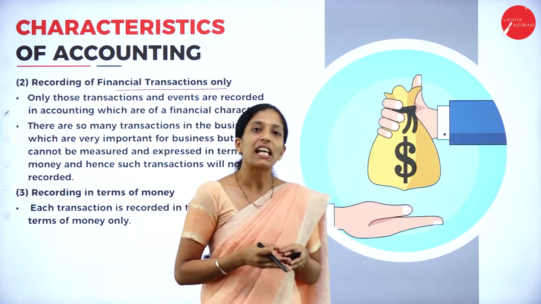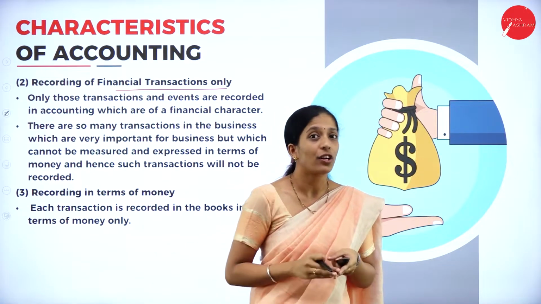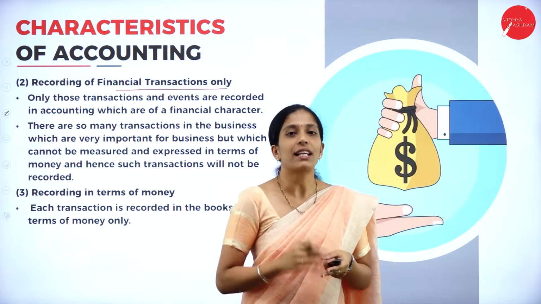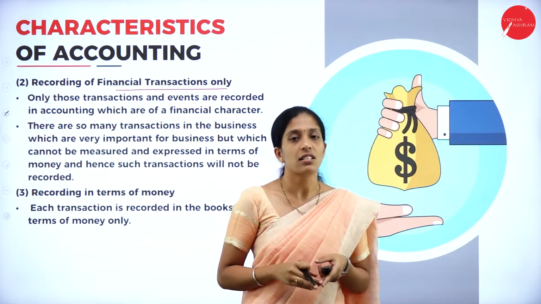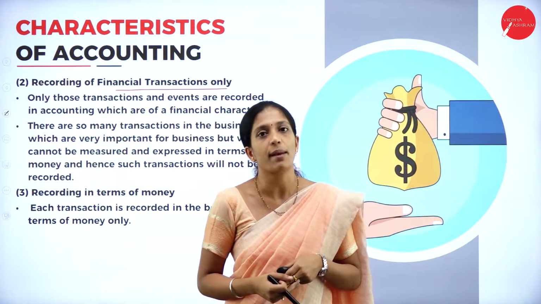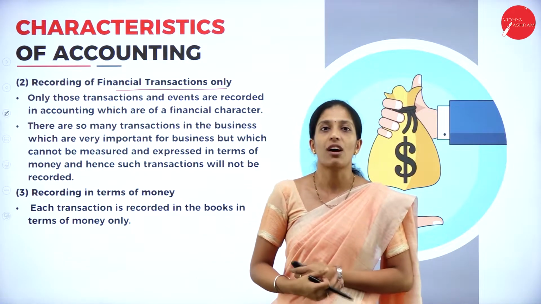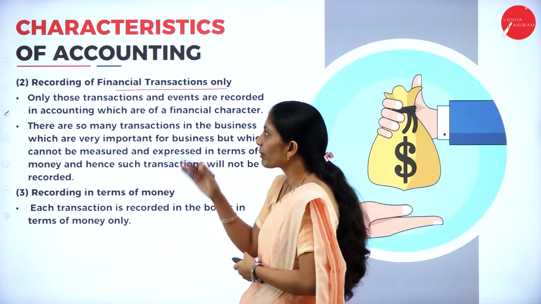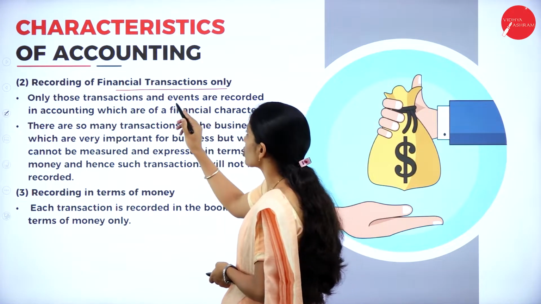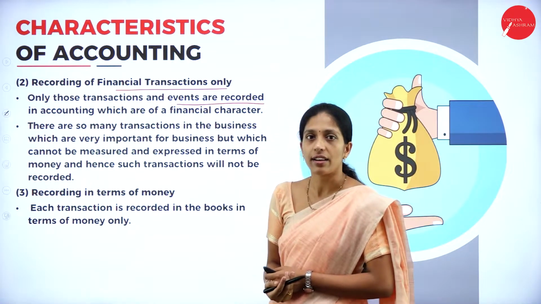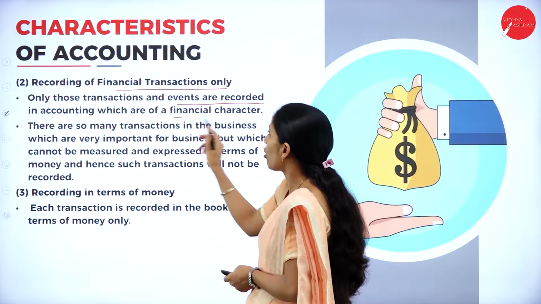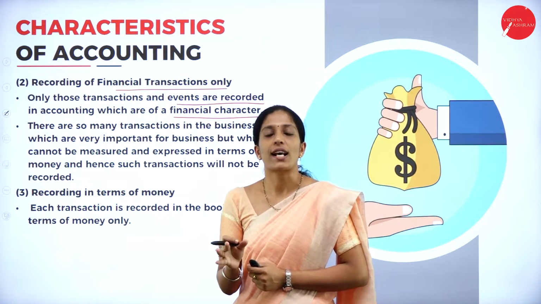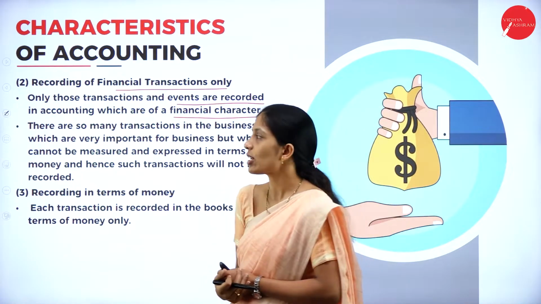Nobody can replace him because he is an efficient employee. Even though it affects the profitability of the business, we cannot record such a transaction in the books of account because it cannot be measured in terms of money. So only those transactions and events which are of financial character are recorded in accounting.